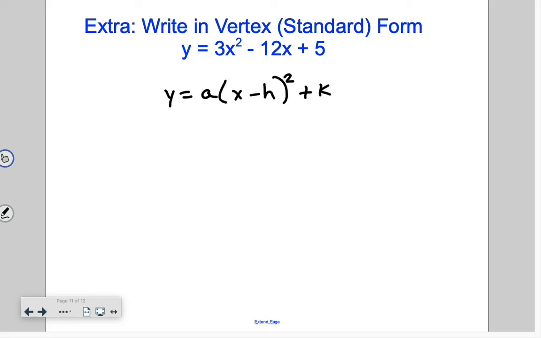All right. So again, if I'm going to put it in this vertex form, and I put standard form, by the way, in parentheses, because again, that's what this book calls vertex form, for whatever reason. So I put it there just to remind you.